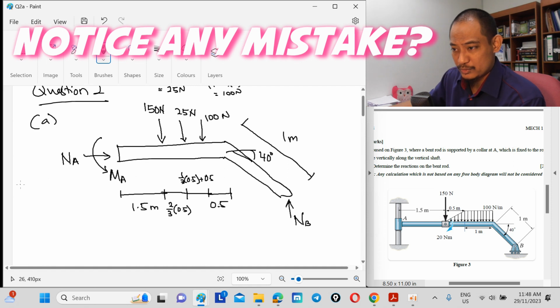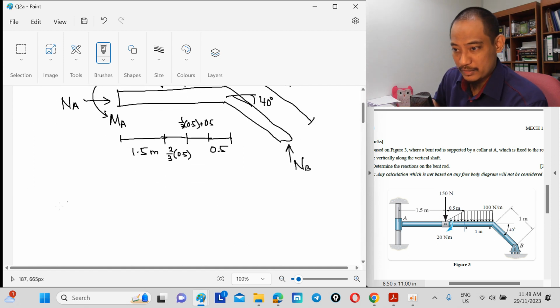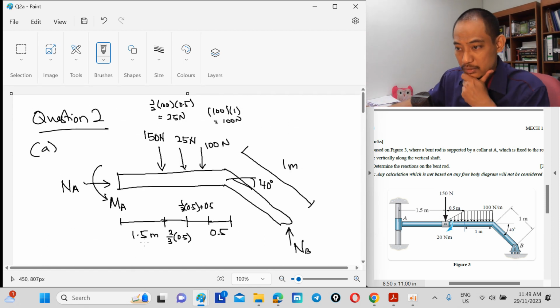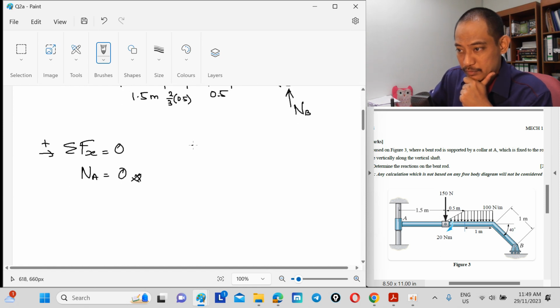Alright, so what to do to solve the support reactions? Let's do the easiest one first. Summation of Fx equal to 0, and A equal to 0. Solved, right? Because there's no other horizontal force. Summation of Fy equal to 0, upwards.